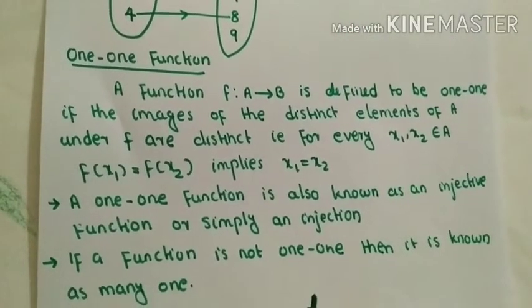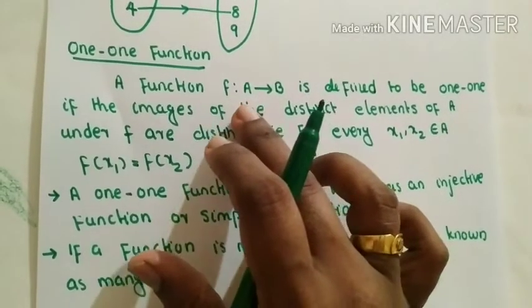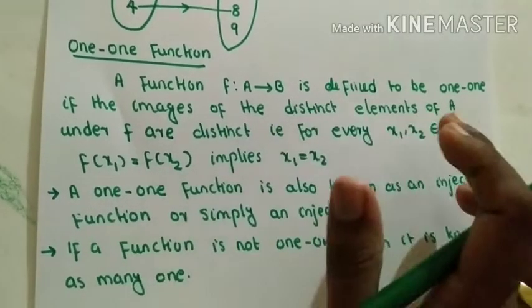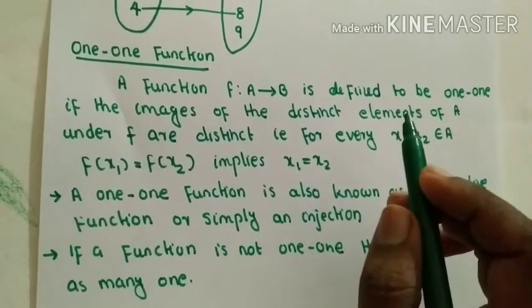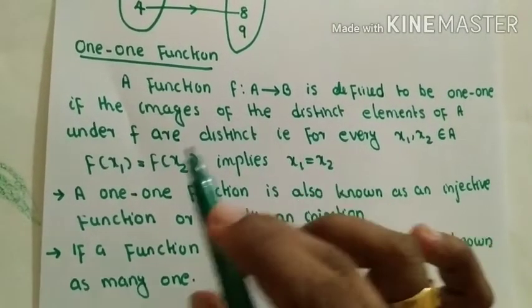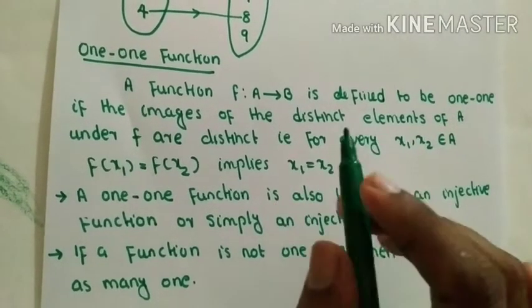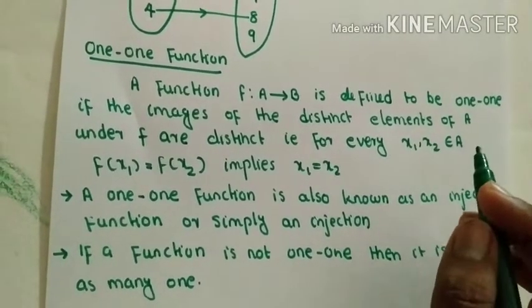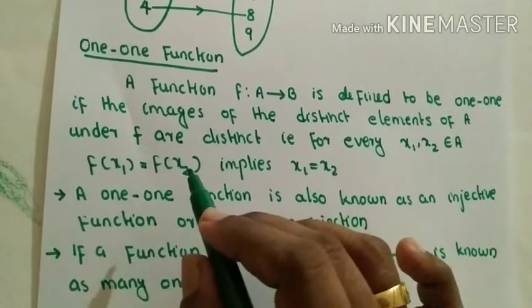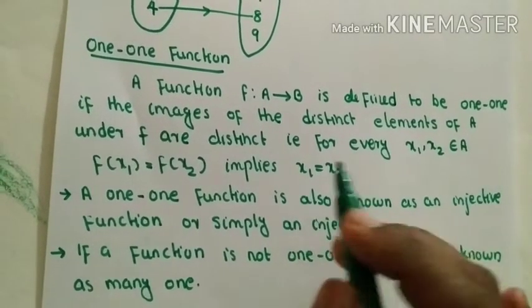Let us define it mathematically now. A function from A to B is defined to be 1-1 if the images of the distinct elements of A under the function f are distinct. That is, for every x1, x2 in A, f of x1 equal to f of x2 implies x1 equal to x2.